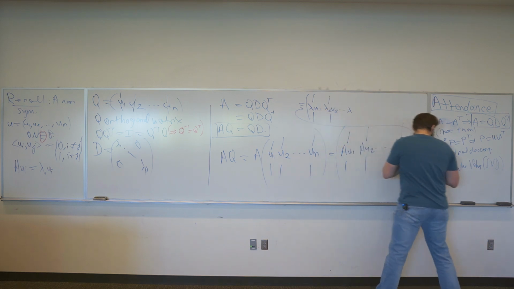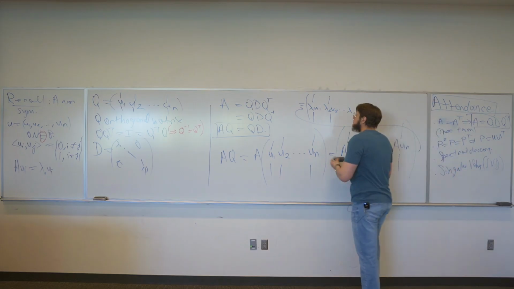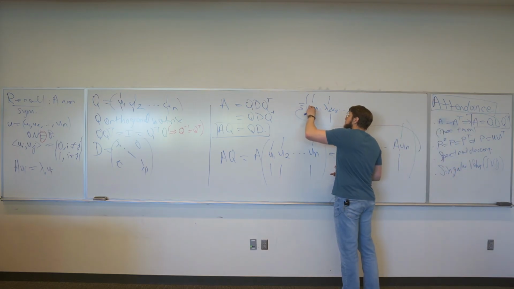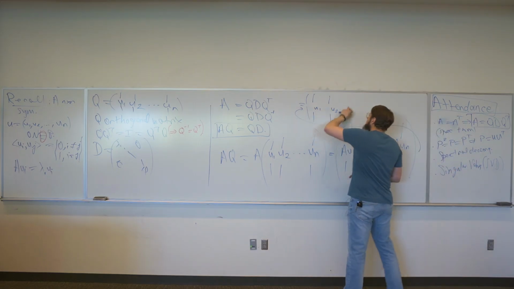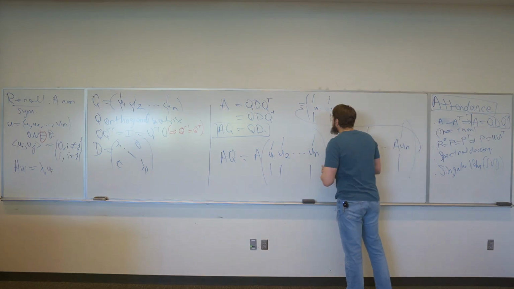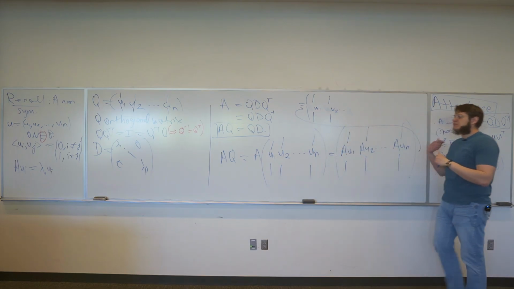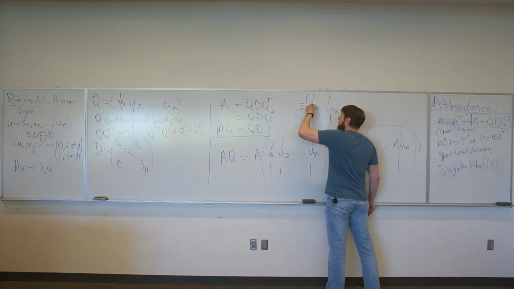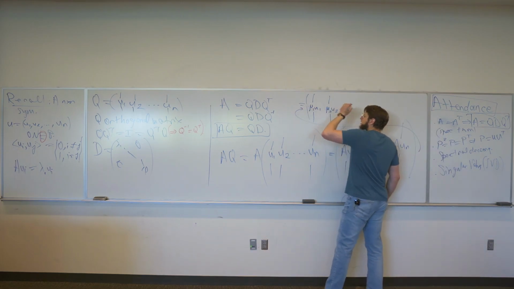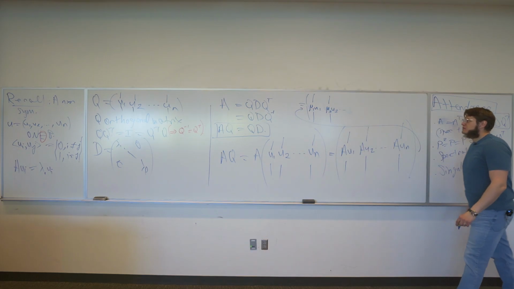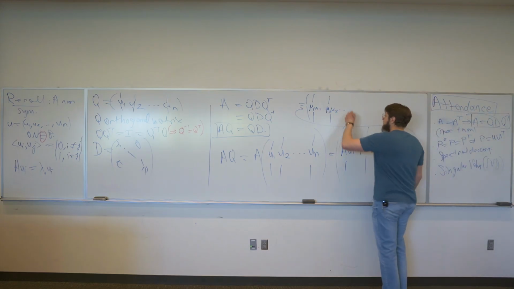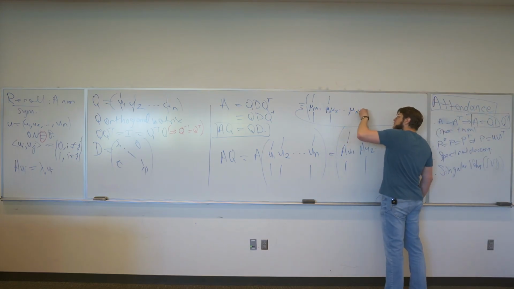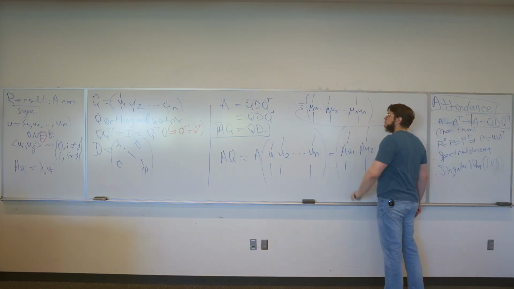I'll use a different letter here, just to not confuse this. I'm allowing values to be repeating using different indices. Say mu, the Greek analog for the letter m: mu1, mu2, and then mu n, un.